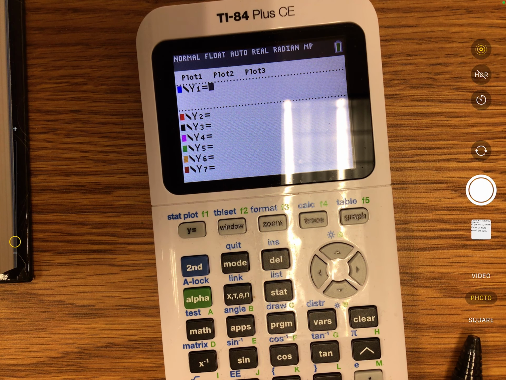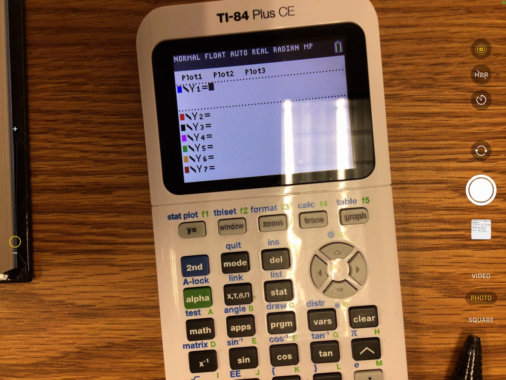Okay, so we found the 0 and it's at 0.711. So we're not going to round it. We're going to go ahead and store it. So press second, quit.